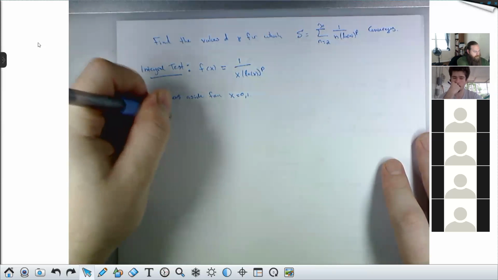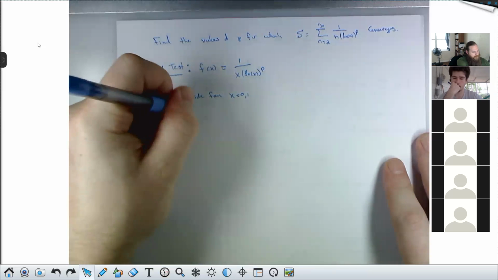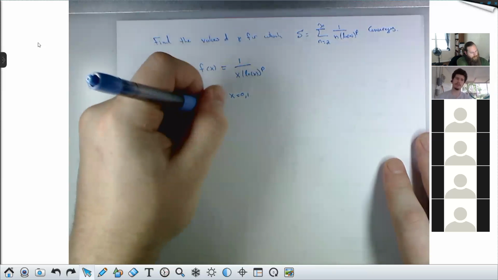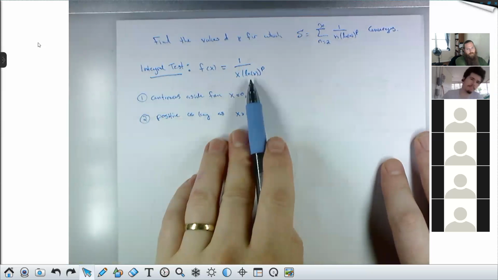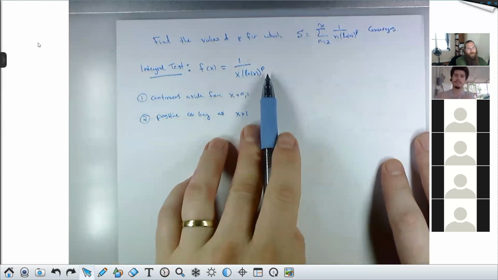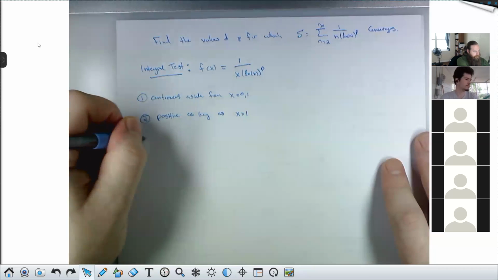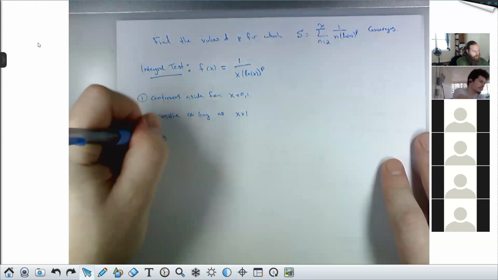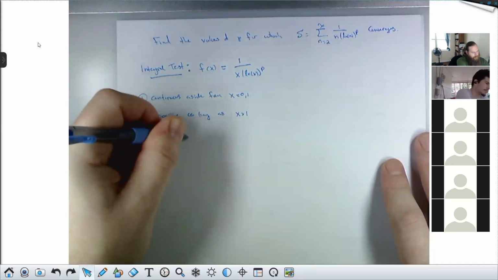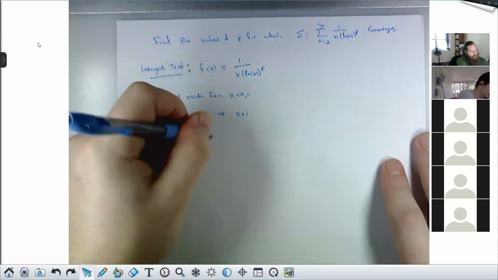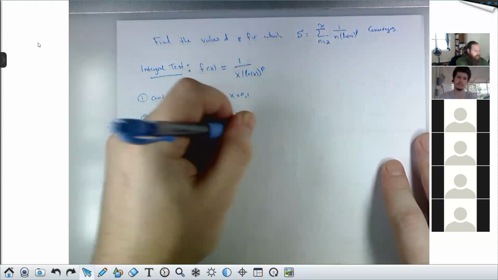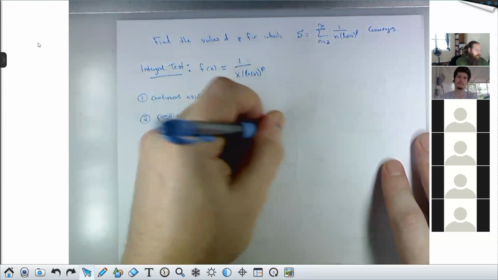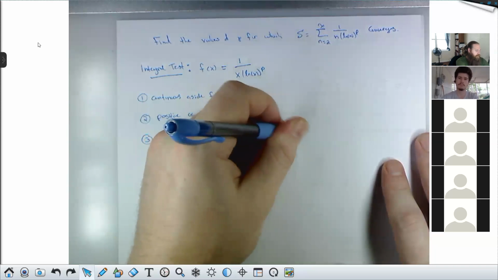We're positive as long as x is greater than 1, because that's where the natural log shifts to being positive. Depending on this power, that may not even matter. And we're decreasing because x times the natural log of x all to the p is increasing.